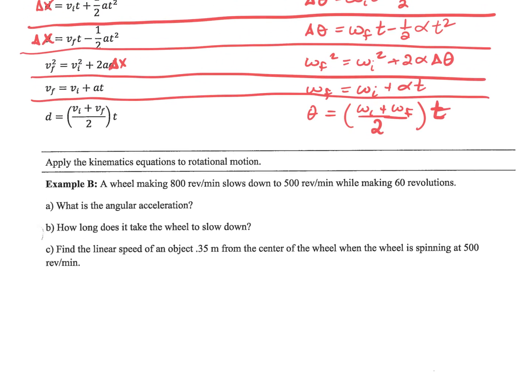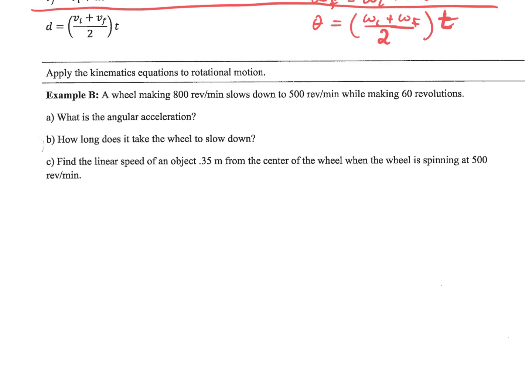So now we can apply these the same way we'd normally apply them to rotational motion. We're starting with kinematics again. The only thing is that everything has to be in radians per second, not revolutions per minute or anything else. So we have to do some unit conversion. If you look at 800 revolutions per minute, in one revolution how many radians? 2 pi radians.